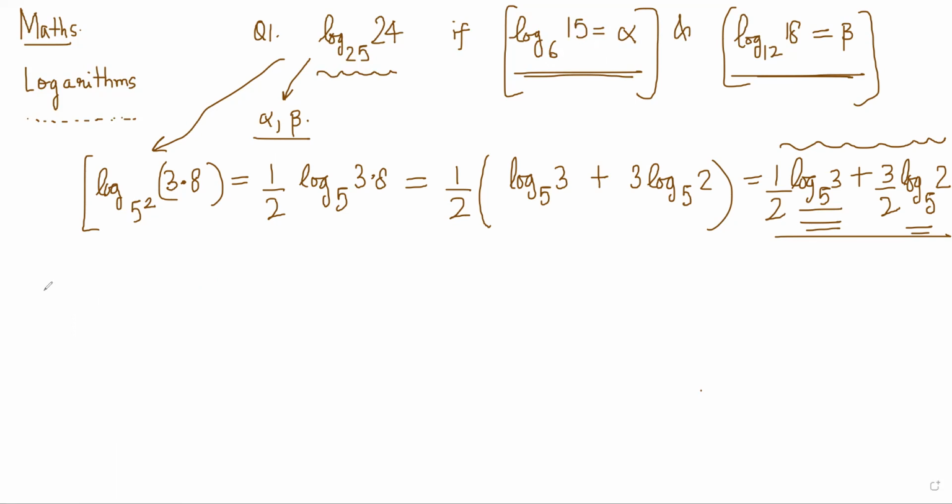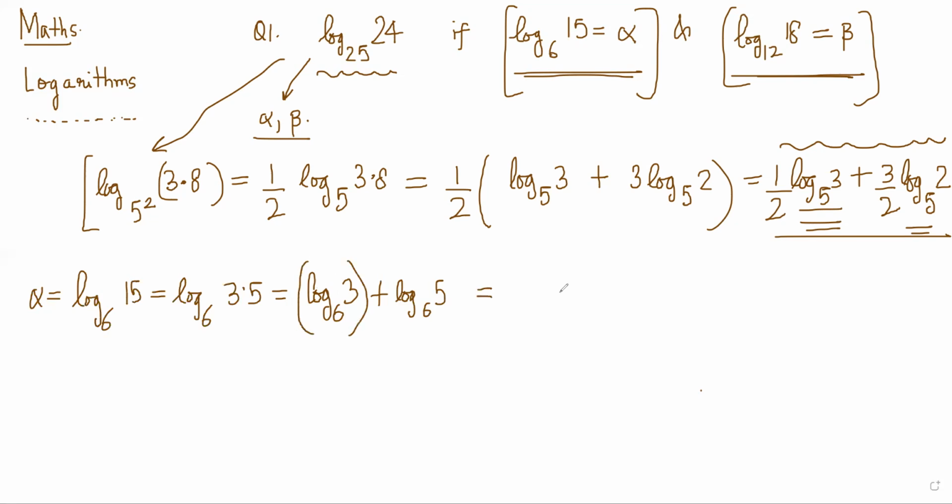Alpha is equal to log 6 15, which is equal to log 6 3 into 5, which is log 6 3 plus log 6 5, right? Yeah. Now you can invert it, right? Yeah.